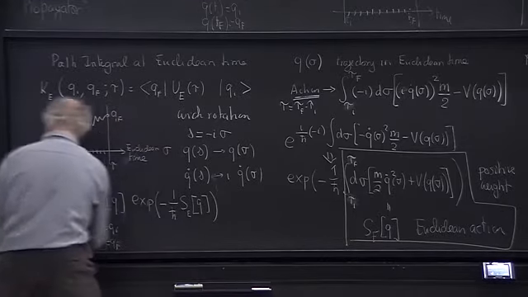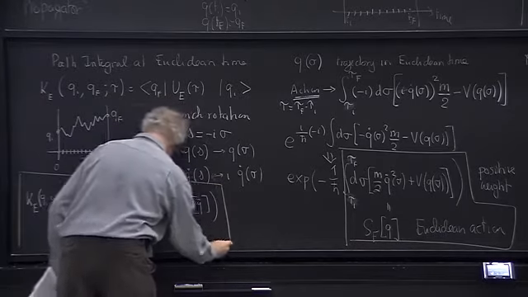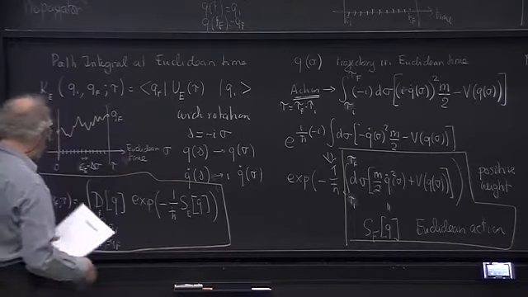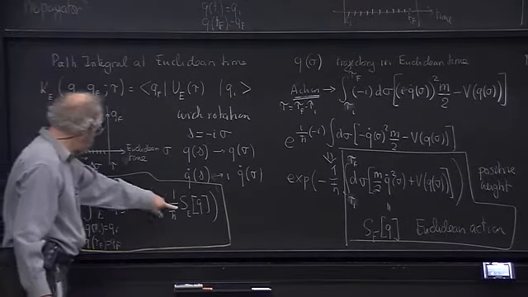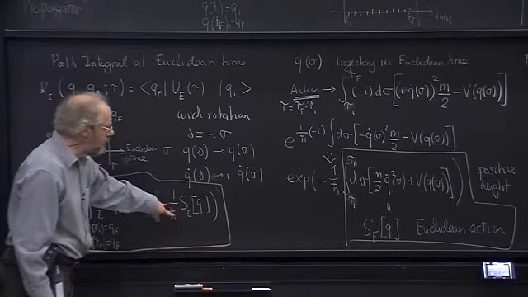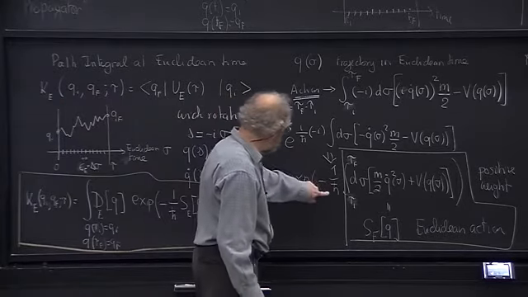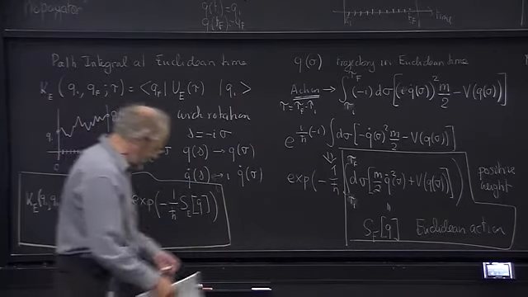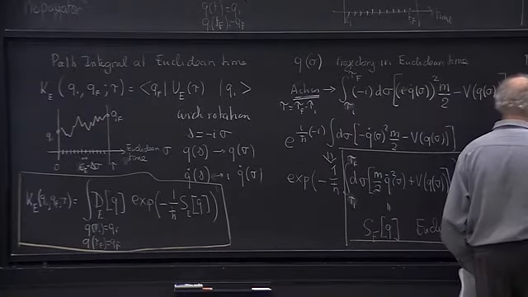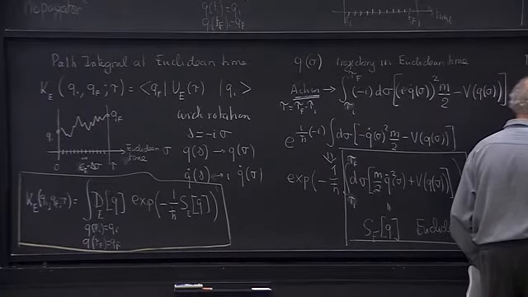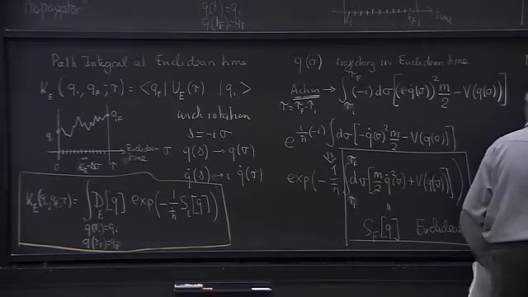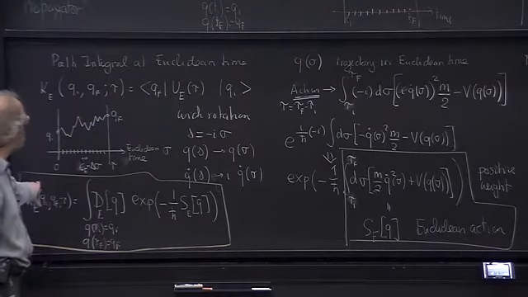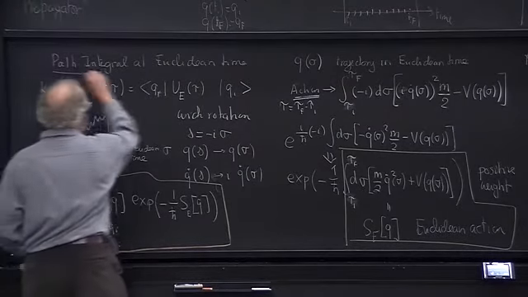So the boundary conditions have not changed. We sum over the same set of trajectories, but now to each trajectory is associated a Euclidean action, a weight which is exponential of minus 1 over h bar times the Euclidean action, and a measure which is now a real measure. So this is the final result for the Euclidean path integral.